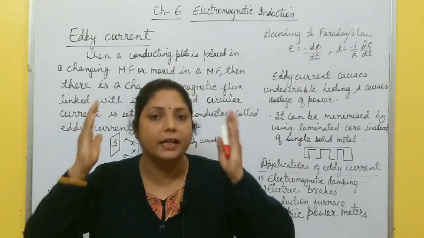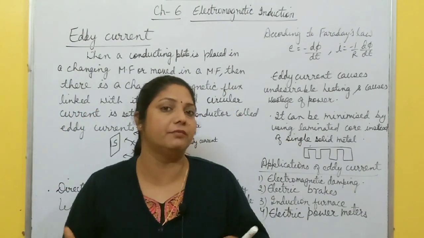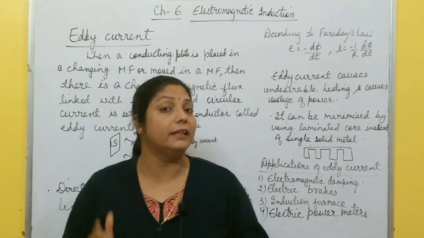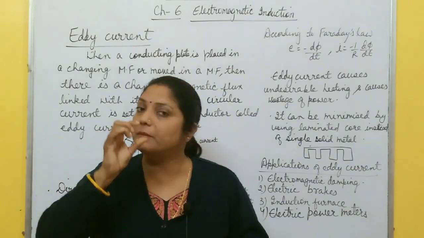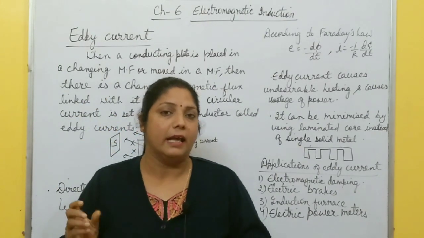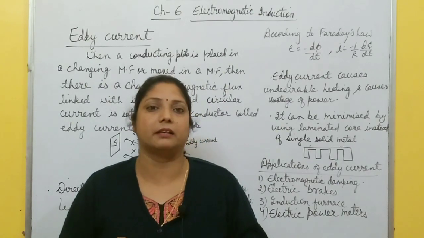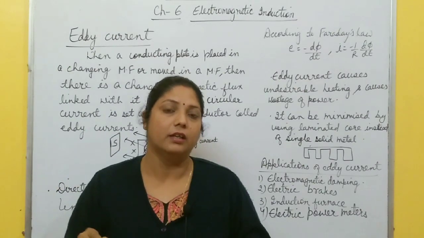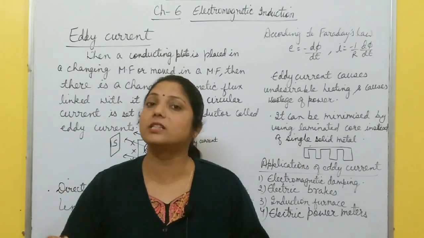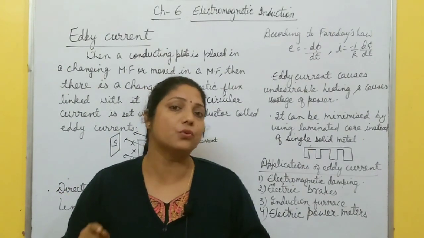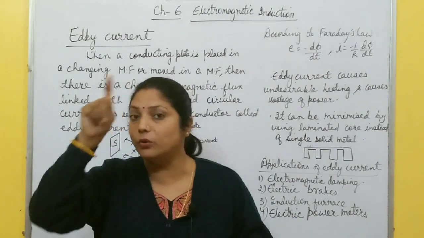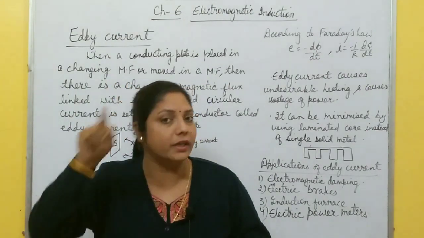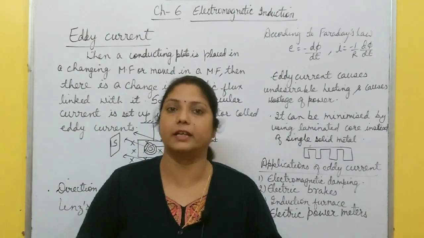But if a conducting metal plate is placed in the changing magnetic field, in that case also EMF is induced in the metal plate and then induced current is set up. But that induced current is in the form of closed rings. It looks like eddies or whirlpools in water. That's why that closed circular current is called eddy current, right?